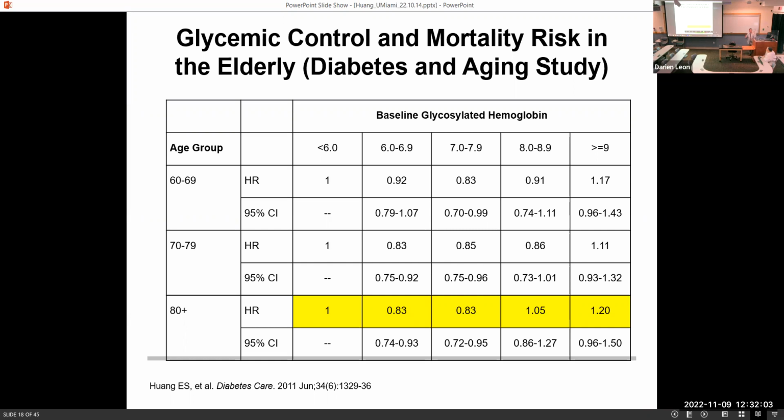So this is an observational study looking at baseline A1C and mortality. We found that there's a U-shaped relationship between A1C and death: there's a flat point at an A1C of about 7 to 7.9 or 6 to 7.9, where you have the lowest rates of observed mortality, but there's a higher risk of death at very low A1Cs and a higher risk of death at high A1Cs.